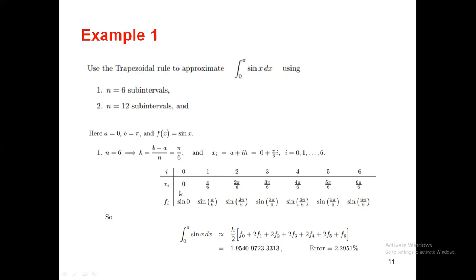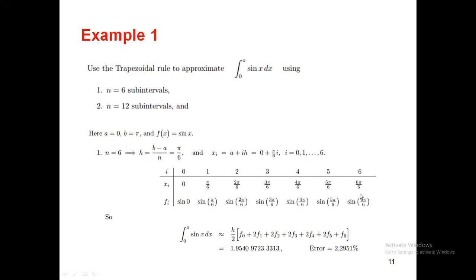Then you increment starting from 0 by pi over 6. That is your value of x; you need to increase by pi over 6. So pi over 6 plus pi over 6 is 2 pi over 6, plus pi over 6, 3 pi over 6, plus pi over 6, that's 4 pi over 6, plus pi over 6, that's 5 pi over 6, plus another pi over 6.